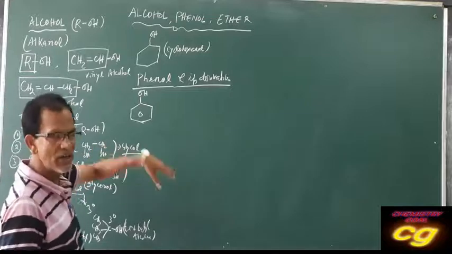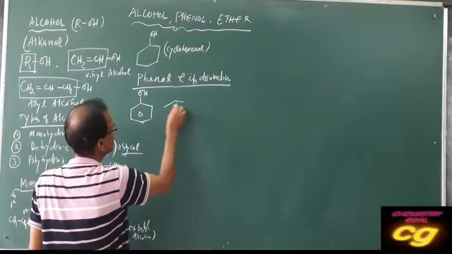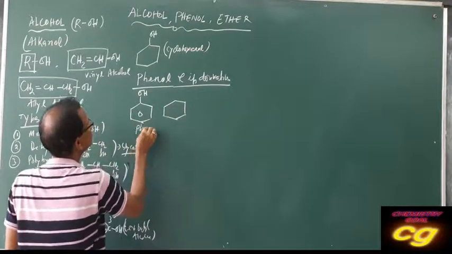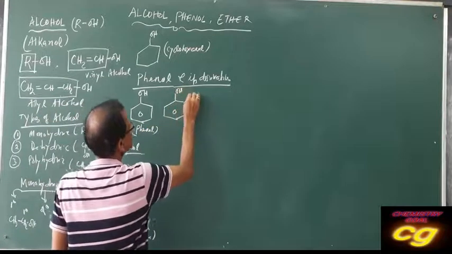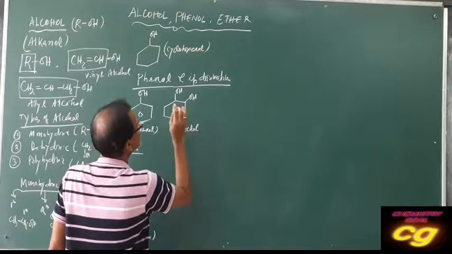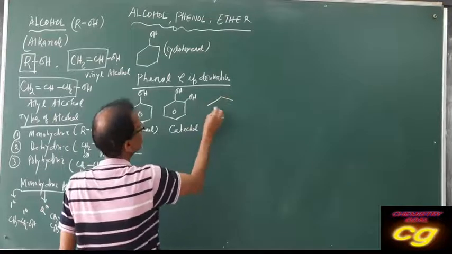And what are the other derivatives of phenol? Phenol, if more than monohydric, dihydric phenol, like this. But if the OH groups are attached at adjacent positions, this is called catechol. This is ortho position.